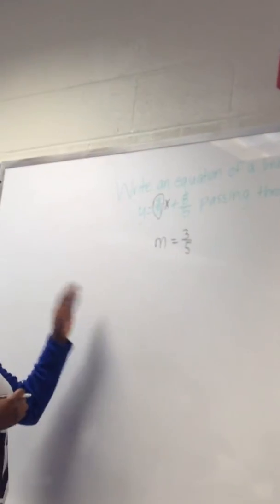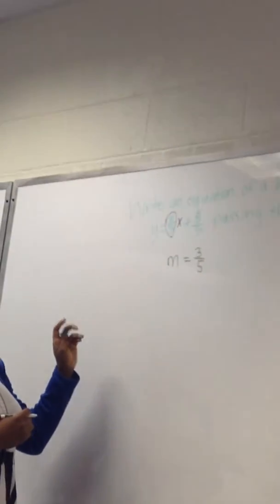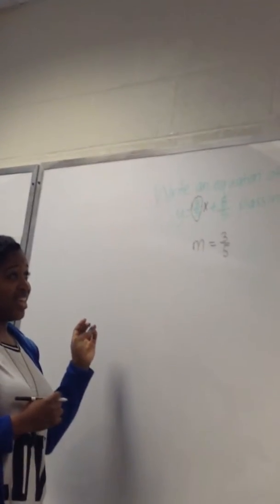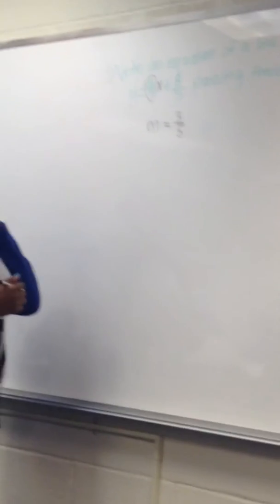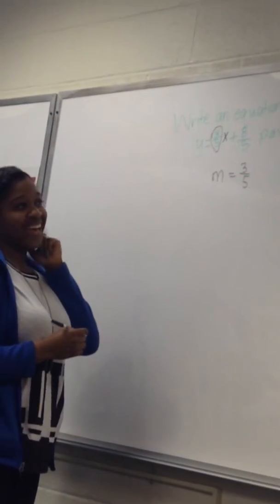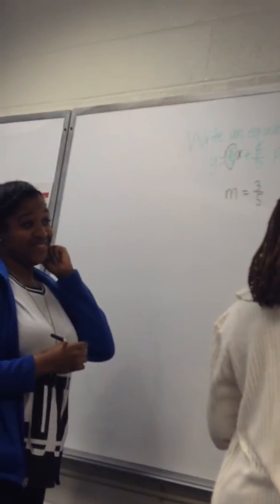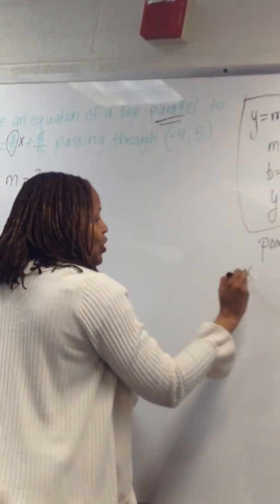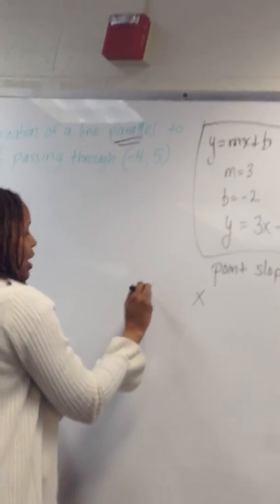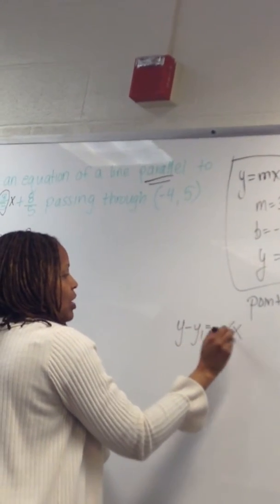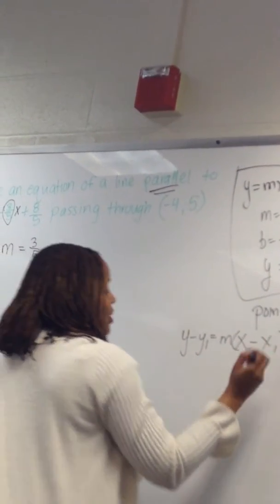The formula I'm going to use is point slope form. Khadijah said she's going to use the point slope form. The point slope form of an equation is y minus y1 equals m times x minus x1.